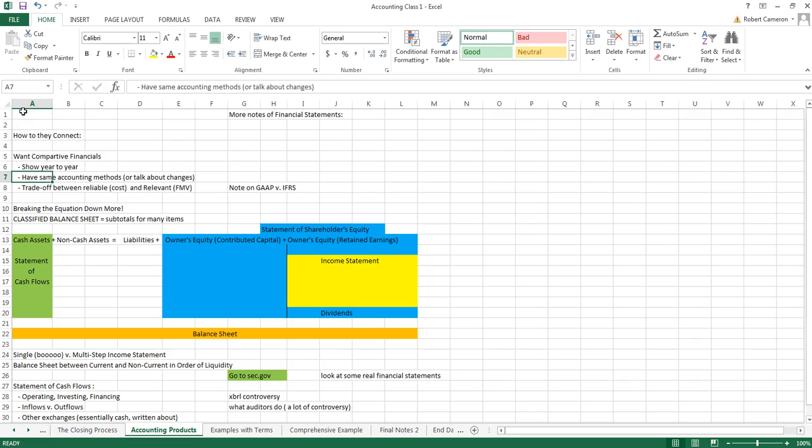A lot of the time in accounting, you have many different options for how you record something in the accounting equation. Sometimes you change methods, and companies don't always use the same accounting rules, or they follow the same rules but are given options. So for comparability, when they make financial statements, they make notes that go along with them and say, this is how we constructed the financial statements, this is what's going on, and here's some interesting information you should probably know.